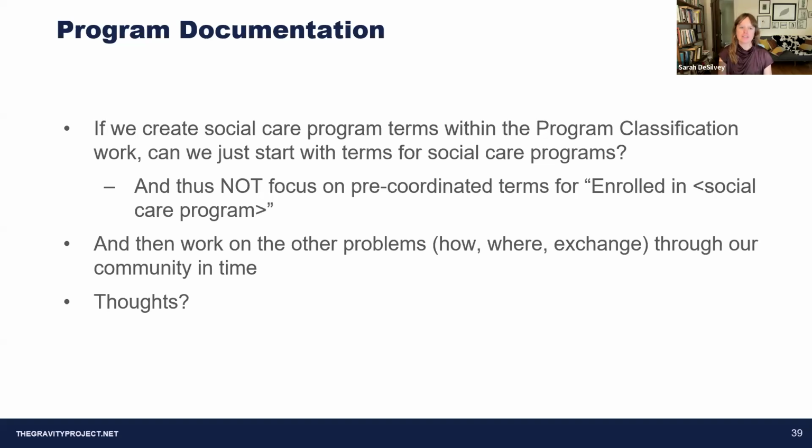Okay, so I'm hearing that, and again, no final decisions here, but I'm hearing that starting with social care program terms for right now seems okay. I don't hear anyone clamoring for an enrolled in every single social care program term. Correct? Yes, and Corey, yes, exactly. Corey's talking about those data packages you need depending on the program.